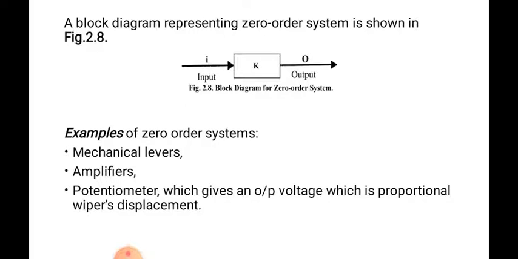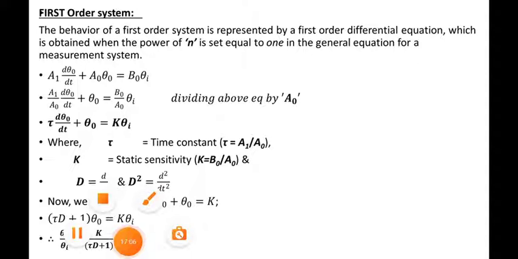Next we will study the first order system. The behavior of a first order system is represented by a first order differential equation, which is obtained by putting n equal to 1 in the generalized equation for a measurement system.